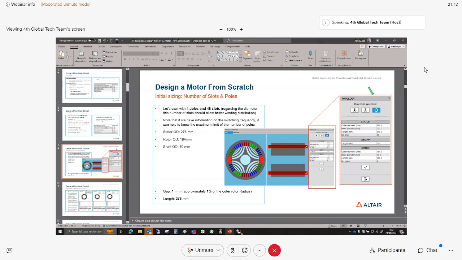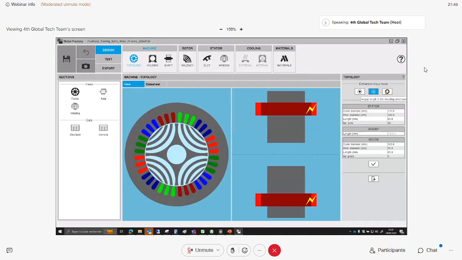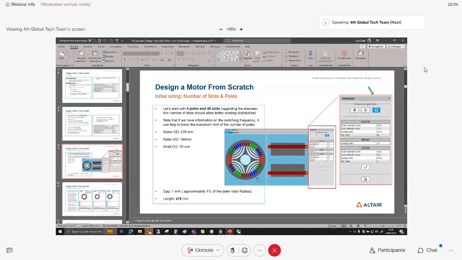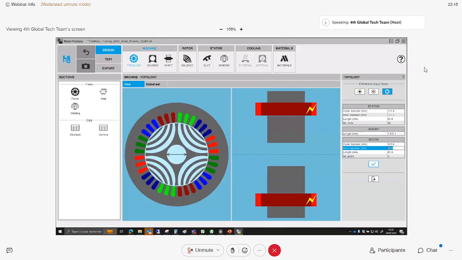So in Flux Motor, I will choose this one because I fix the diameter of the air gap, and then I can fix the outer diameter of the rotor, the length, the number of poles, the number of slots, and I'm done. Okay, so let's do it.